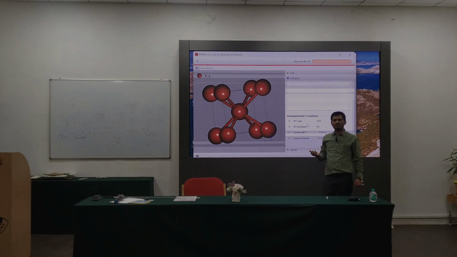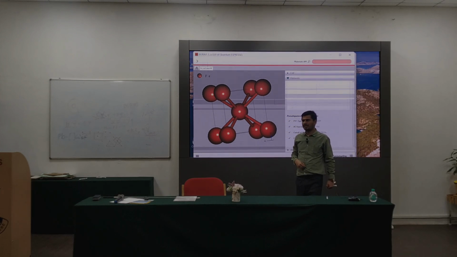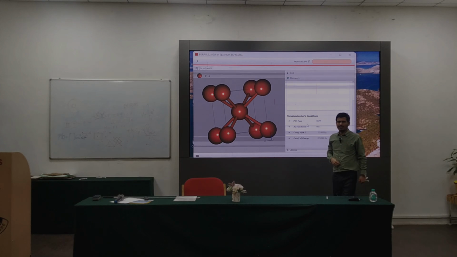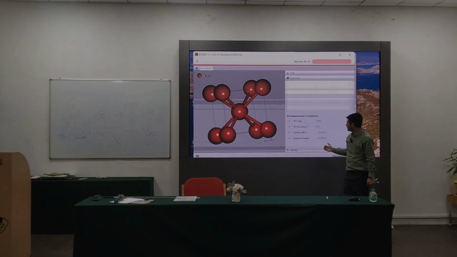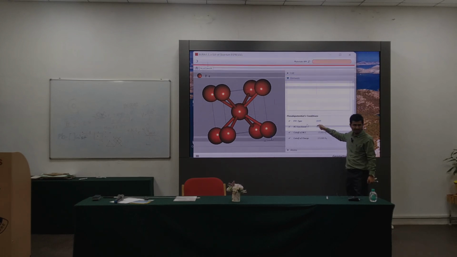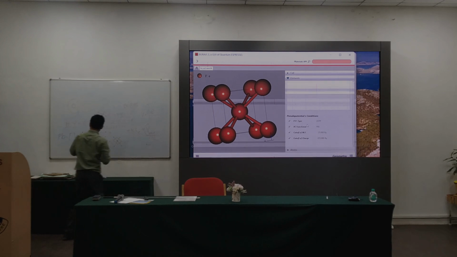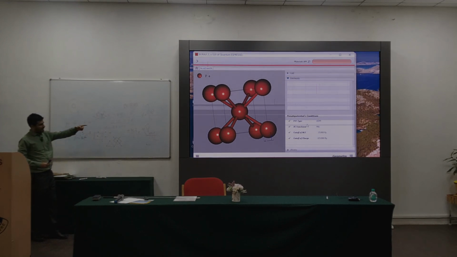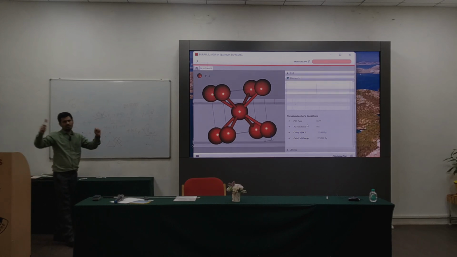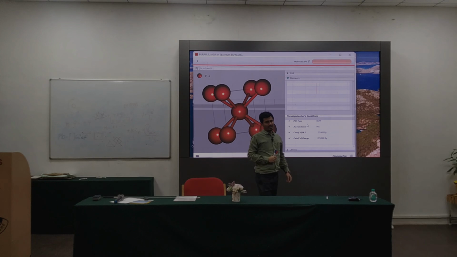Now, if you want to study, suppose, superconductivity, superfluidity, or core electron phenomena, in that case you have to go to a different pseudopotential which considers core electrons also, and you have to use the cutoff depending upon how many electrons you want to consider. Okay, 4 electrons to be considered.